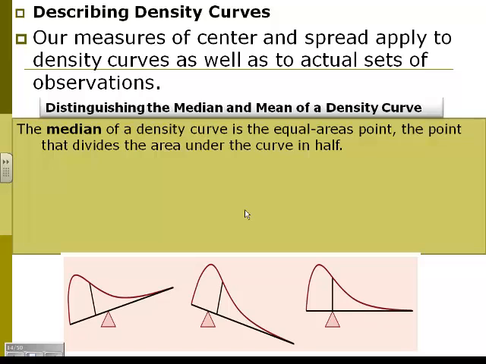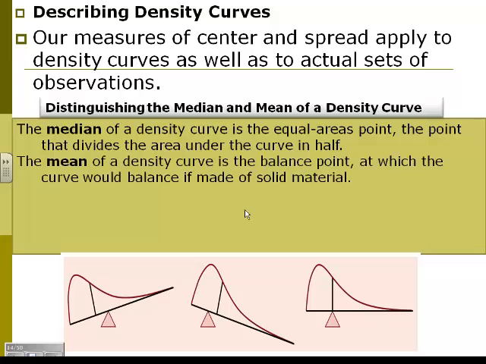It's the point that divides the area under the curve in half. The mean is the balance point, the point at which the curve would balance if it was made of solid material. So that third picture down there represents the mean because it's balancing.